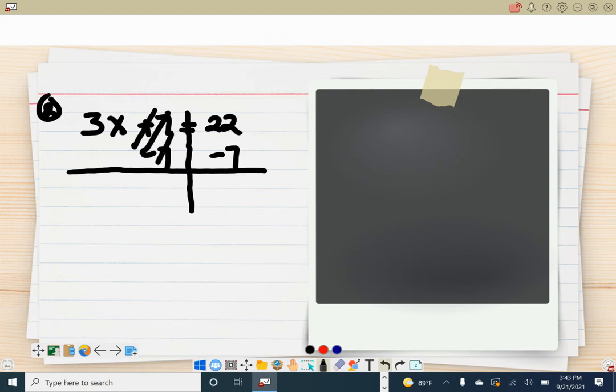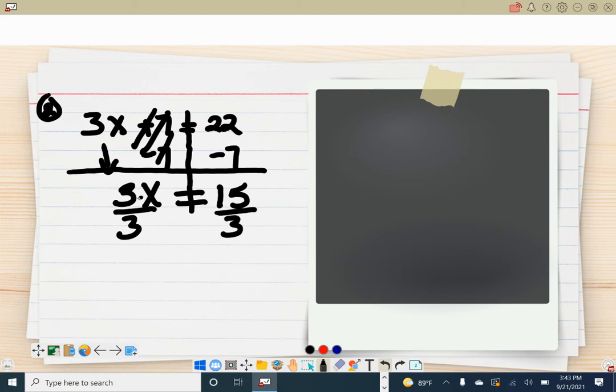The negative 7 cancels out the positive 7. I'm going to bring down my 3x. Equals 22 minus 7 gives me a 15. 3 times x equals 15. So you have to divide by 3.